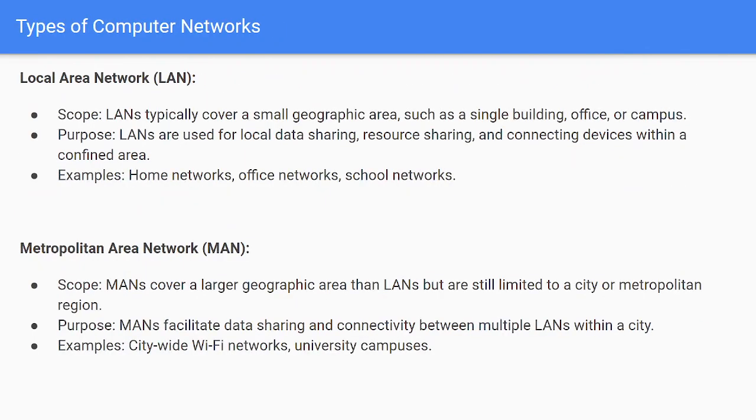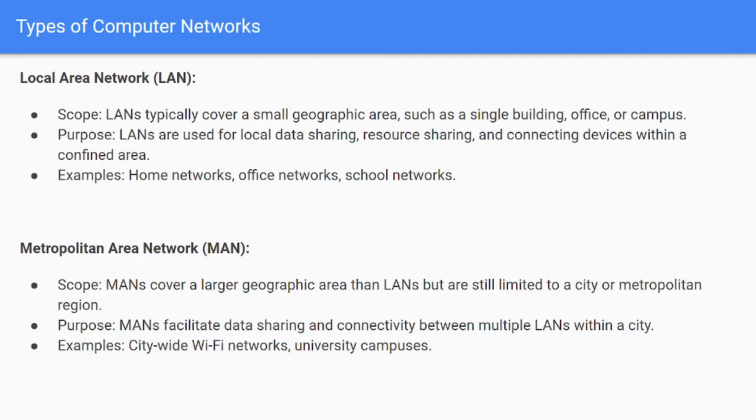Then we have the different types of computer networks. Number one, we have the local area network, usually called the LAN. A LAN typically covers a small geographical area such as a single building, an office, or a campus. LAN is usually the smallest form of computer network.